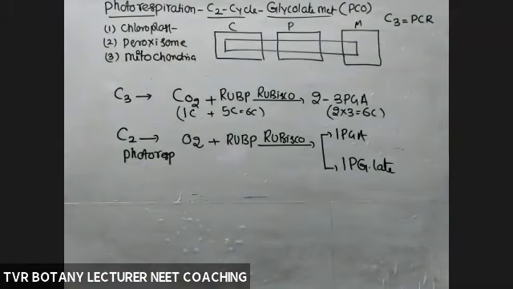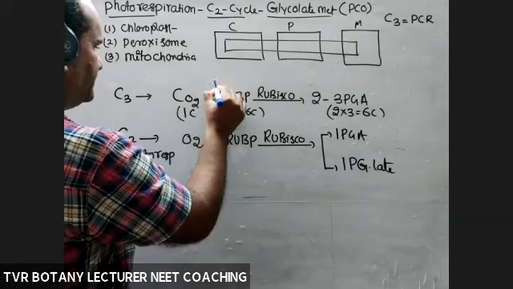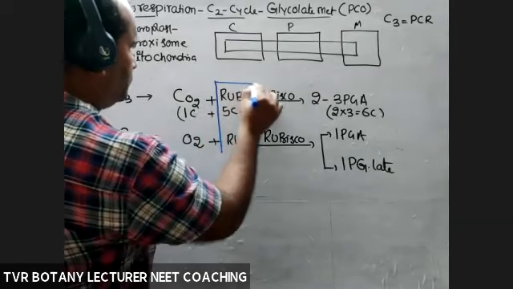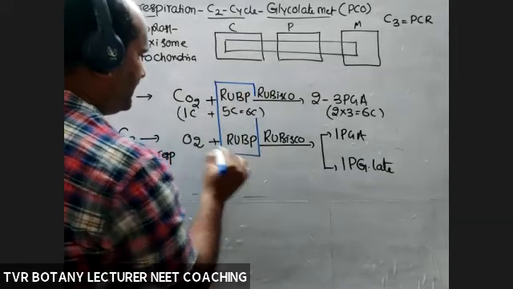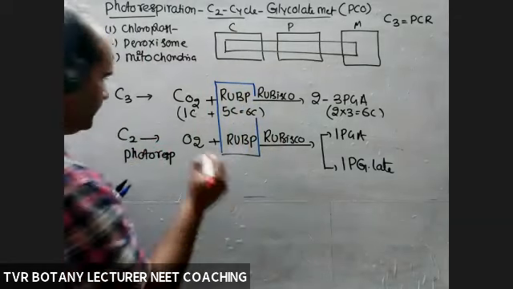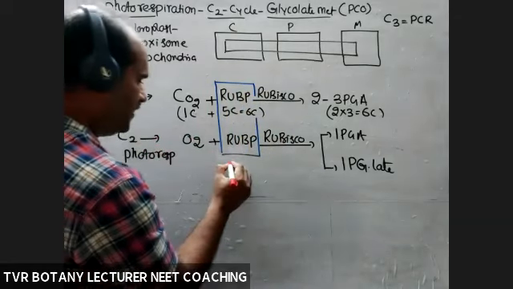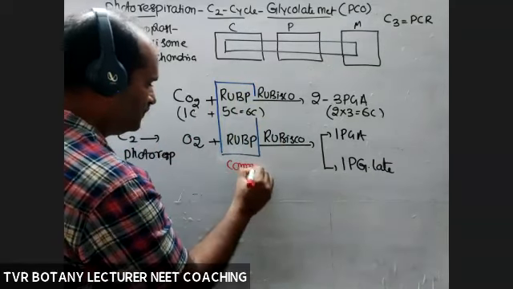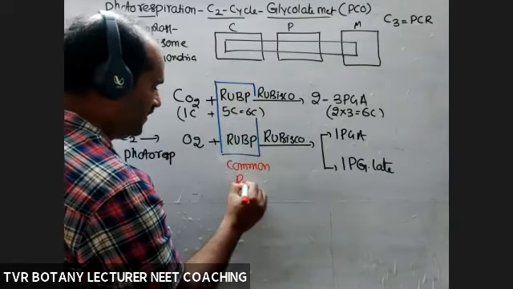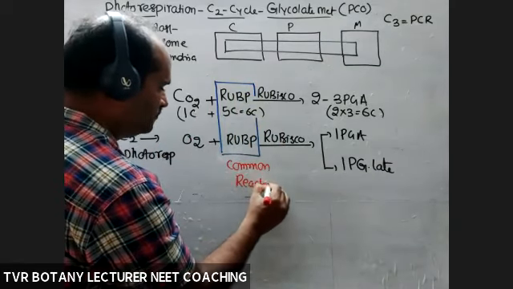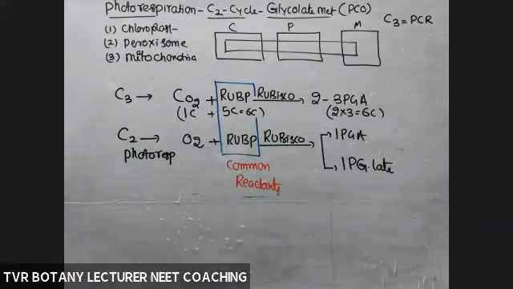The thing is, what are the common reactants? These two are common reactants or not? So for photorespiration and the C3 cycle, RuBP is a common reactant.